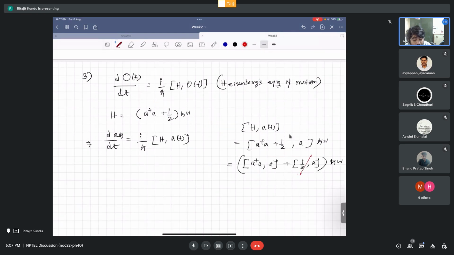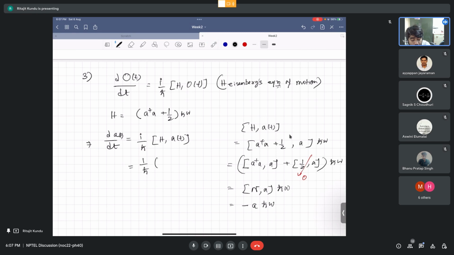So that's why this actually becomes 0. And then we are left with A dagger A, which is nothing but the number operator, times h-bar omega. Okay, and you know this commutation relation of N and A, which is nothing but minus A, times h-bar omega. So what we'll do is plug this thing into this equation.